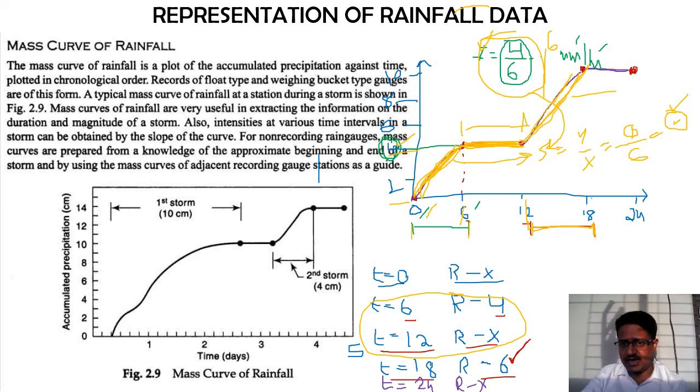That will give you the intensity of rainfall for this particular rainfall stretch. Then after 18 hours to 24 hours there was no rainfall, that's why it has remained a straight line. I hope you got this. So this is how we can determine the total amount of rainfall as well as the intensity of rainfall.